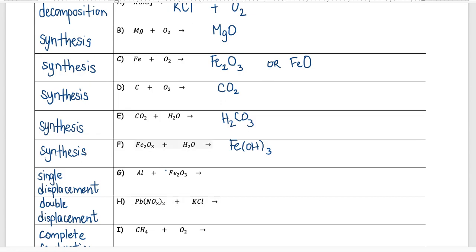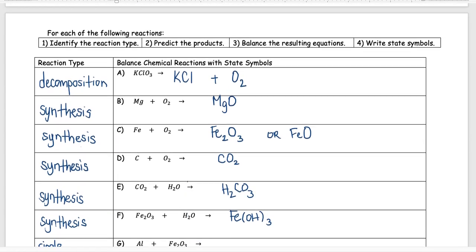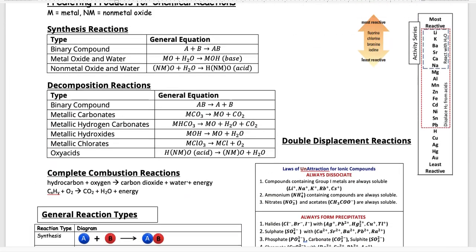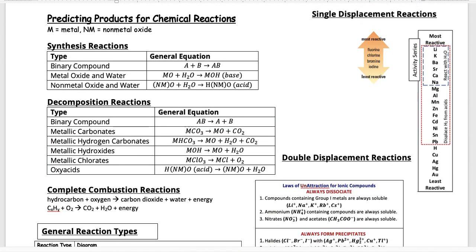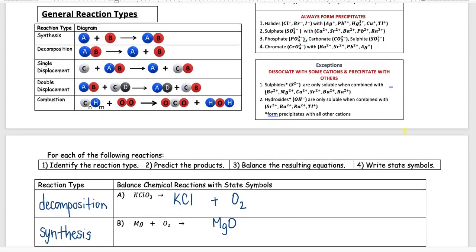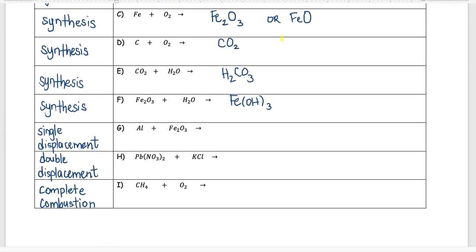All right, single displacement. Let's take a look here. Aluminum comes in and tries to take out iron. So we're looking at our chart here. So we have aluminum and iron here, okay? So aluminum is higher, so it's more reactive. So yes, it will be able to displace the iron.